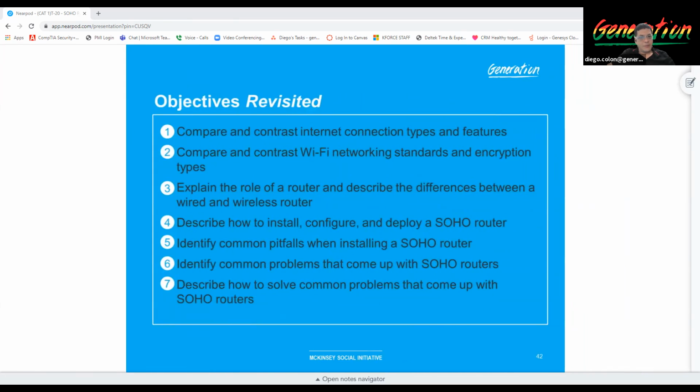So hopefully by now we should be able to compare and contrast the internet connection types and their features, compare and contrast the Wi-Fi networking standards and their encryption types, explain the role of a router and describe the differences between a wired and a wireless one, describe how to install, configure, and deploy a SOHO router, identify the common pitfalls when installing them, identify the actual common problems that may come up with them, and lastly, describe how to solve some of these common problems.